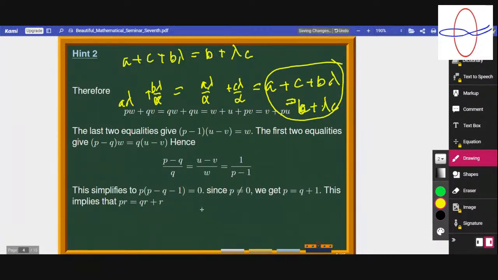So what it's telling is that if you take lambda minus 1 into B plus A equal to C into lambda minus 1.